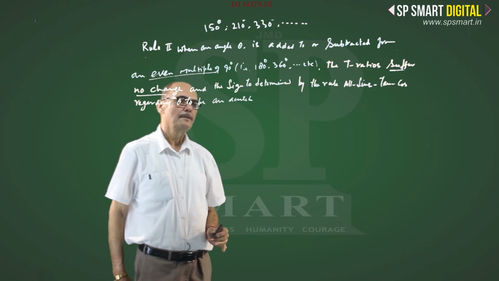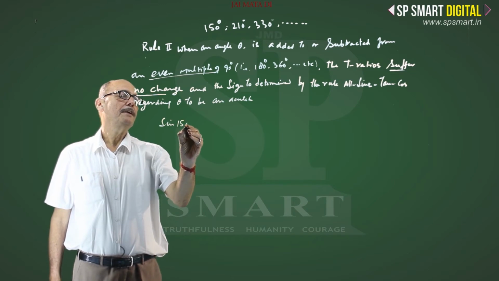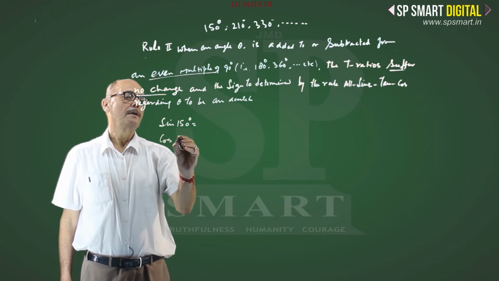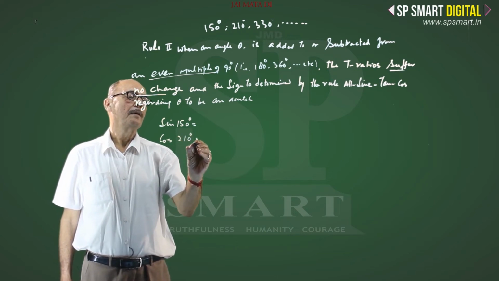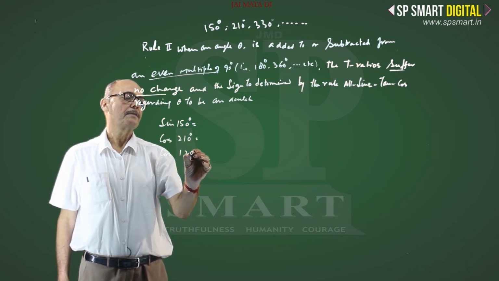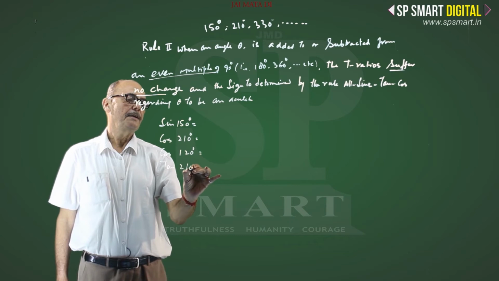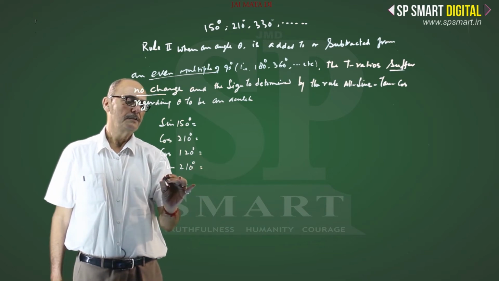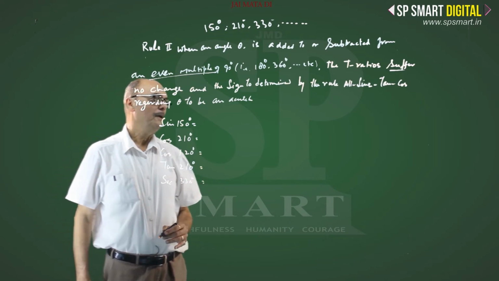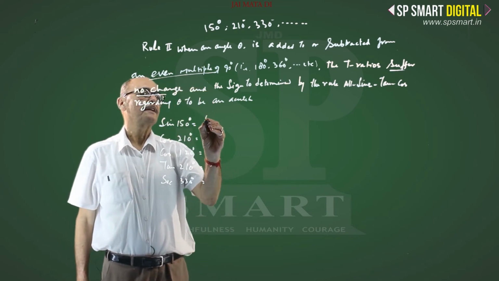Now, for instance, I want to find out sine of 150 degrees, cos of 210 degrees, cos of 120 degrees, tan of 210 degrees, secant of 330 degrees. So we can make use of the even multiples of 90 degrees.